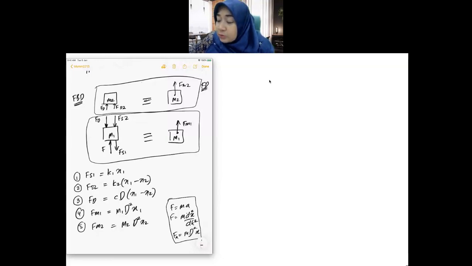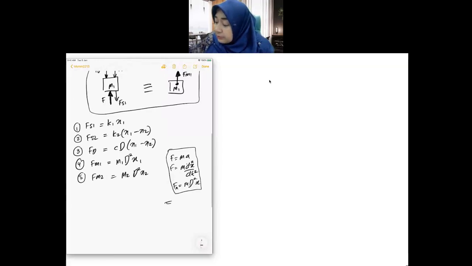So for mass 1, the first body, I assume mass 1 is going up, so I'll take going up as positive. The summation of forces equals MA, which is the force due to the mass.